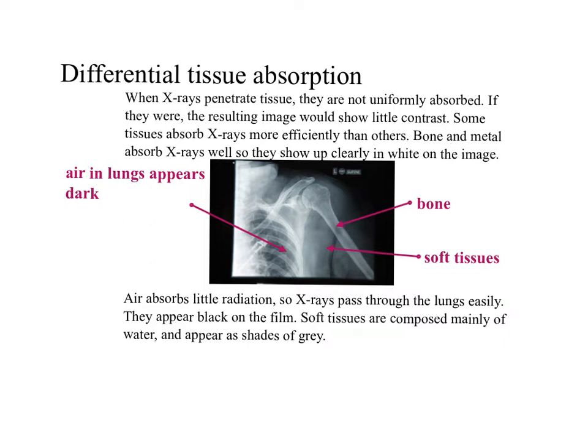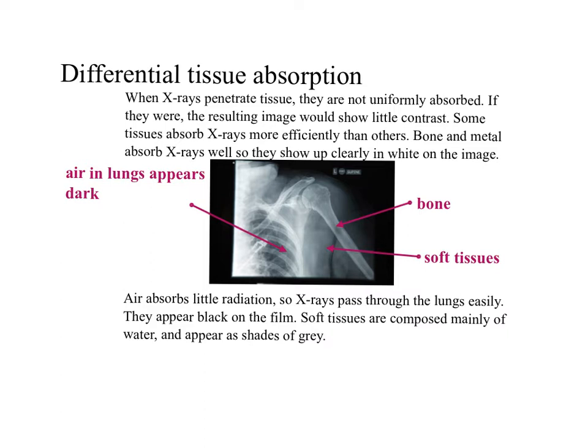That has to do with how different tissue absorbs or scatters the X-rays. In the picture, you can see that the air in the lungs appears quite dark because air doesn't absorb X-rays as much as bone does. And you can see the bones absorb the X-rays because you can clearly see the bone.